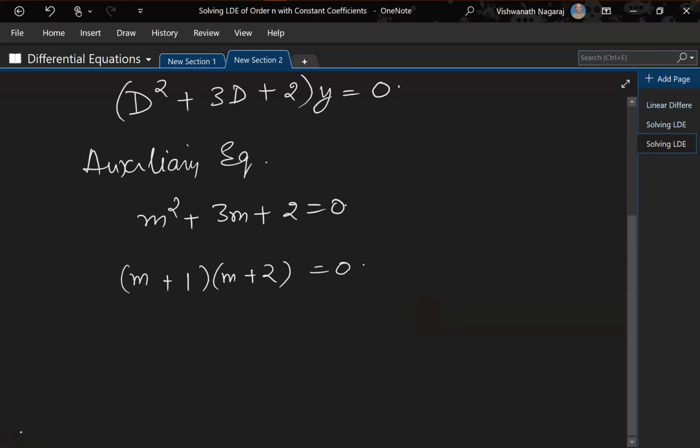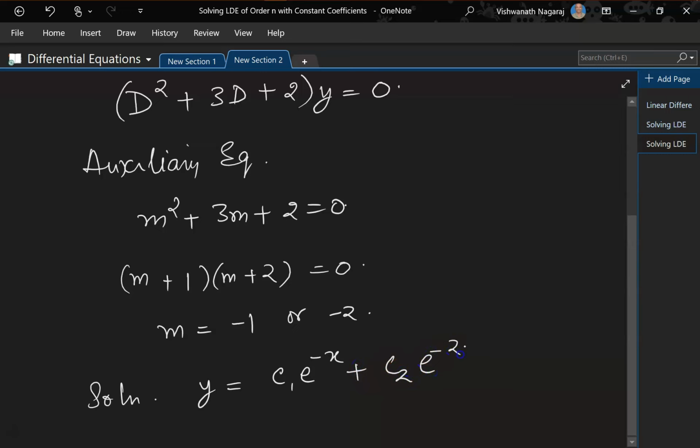So m is equal to minus 1 or minus 2. So our solution of the equation would be y is equal to c1 e to the power of minus x plus c2 e to the power of minus 2x.